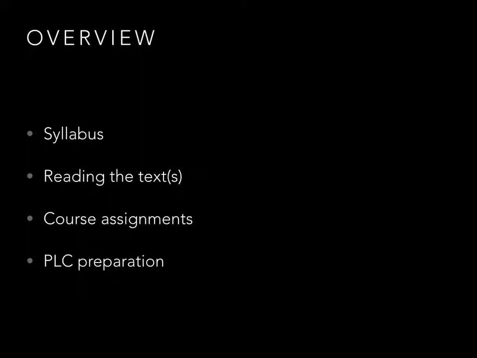And this will become what you'll see in the syllabus referred to as your PLC text. So because this is a content area reading course, each of these books represents either a specific content area like social studies, science, or mathematics, or just more detailed strategies that are referencing content area reading broadly.